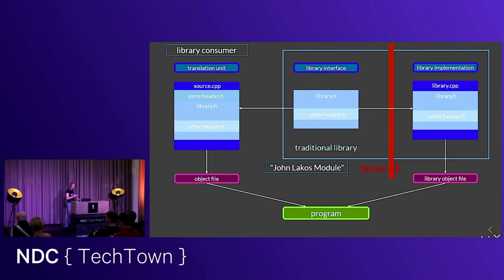And the users of the library just include the interface header, and the meaning of the interface header and the contents in there depend on at which point in the client translation unit the interface is actually included.